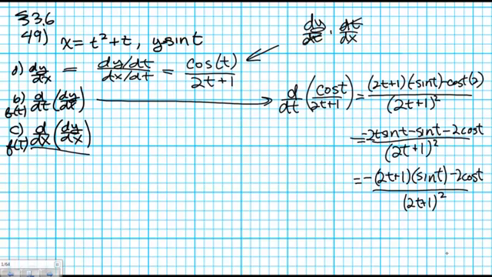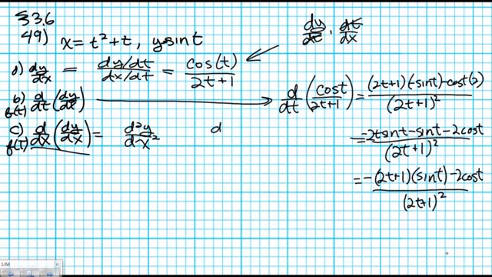What is this saying? It's saying I want the second derivative of y, and I want two dx's on the bottom. What is this thing that we just found? dy/dx with respect to t.